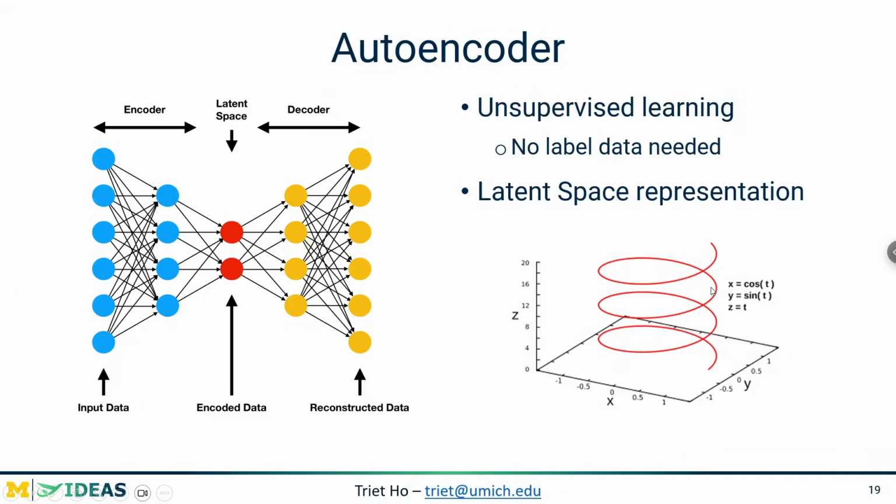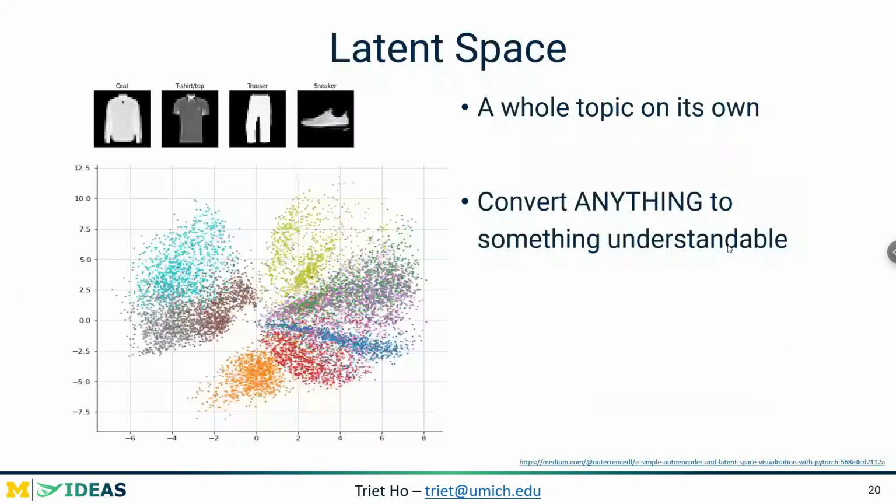We have this concept in calculus too, reparameterization, which is this spiral thing. You can represent this with three variables x, y, and z, or you can just represent it as t, right? So cosine t, sine t, and t.